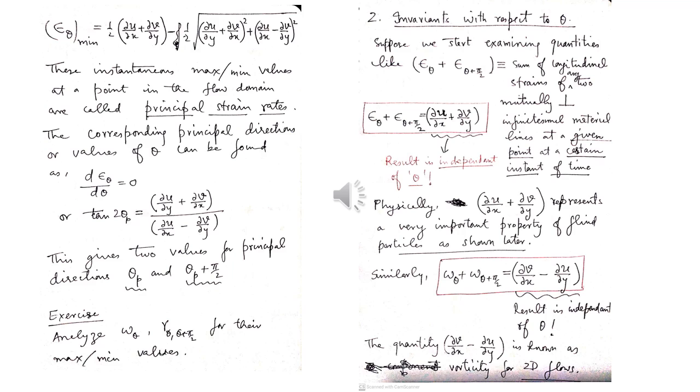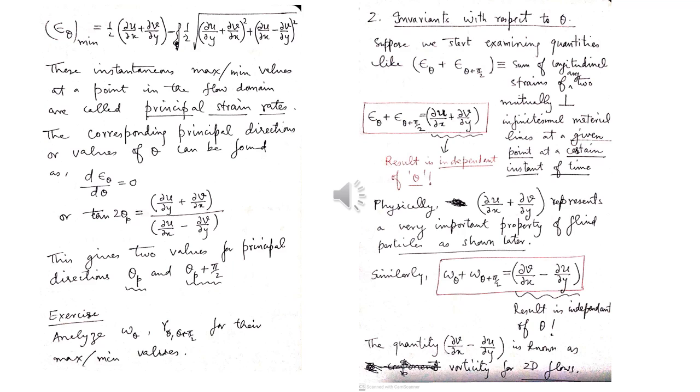So since in solids we talk about strains, here the strains are replaced by strain rates. But analogously the maximum minimum values that I have just written, they are nothing but the principal strain rates. Okay, so these maximum minimum values are called by this formal name.